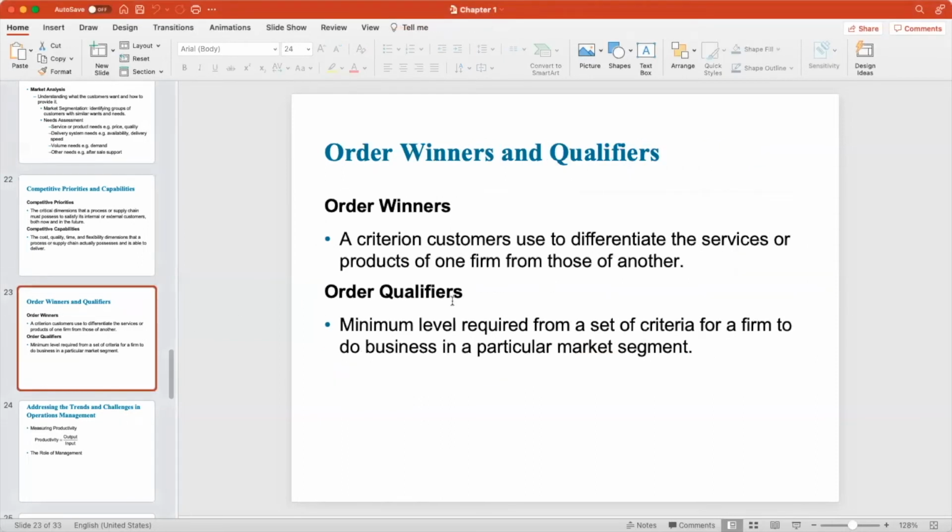So another pair of terms are called order winners and order qualifiers. Okay, these two terms are also highly related, but also different. Let me help you understand the key difference between the two terms. I would like to start from the order qualifiers. For example, if you are a customer walking into a retail store, you may have 10 different alternative products in front of you.